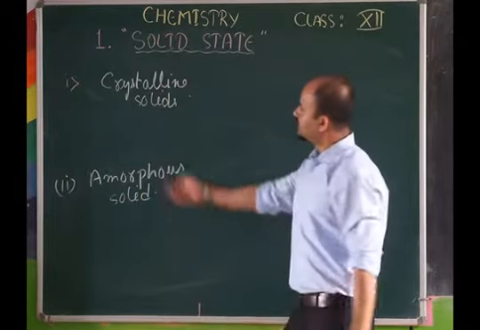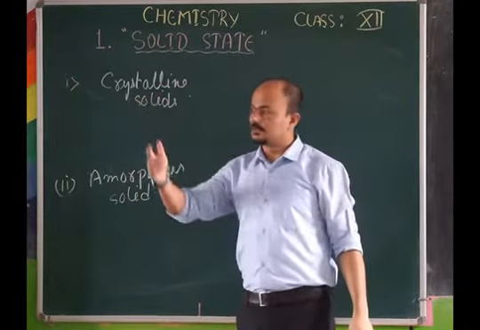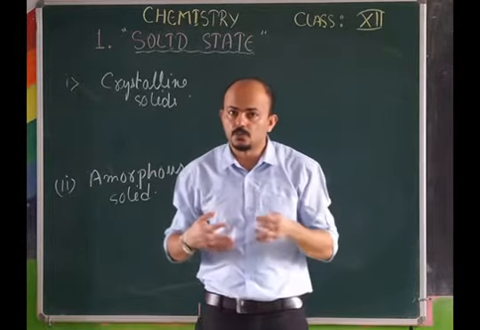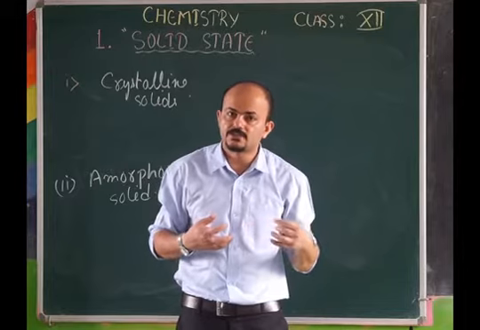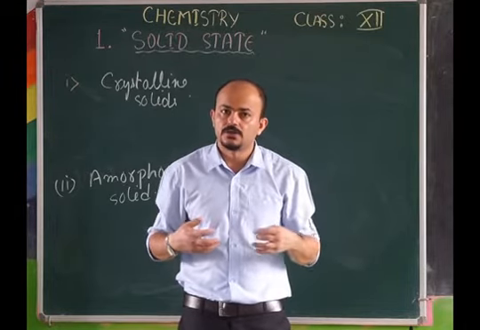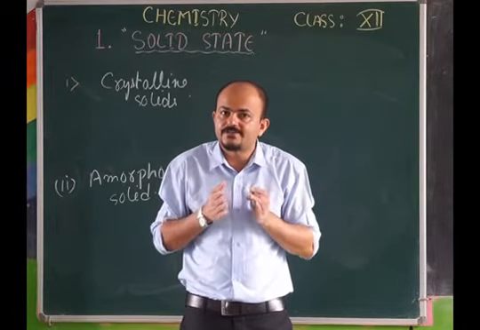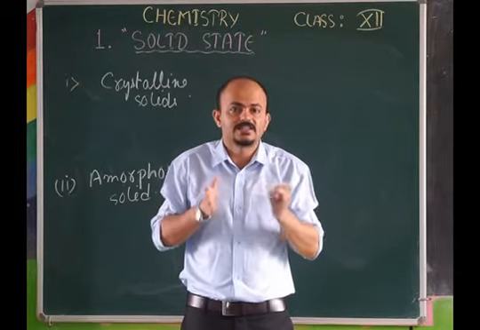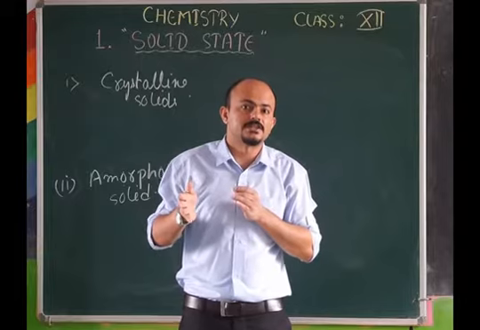Here in a crystalline solid, the repeating units within the solid, whether they are atoms, ions or molecules, are arranged in a very regular fashion, and they keep on extending in different directions.